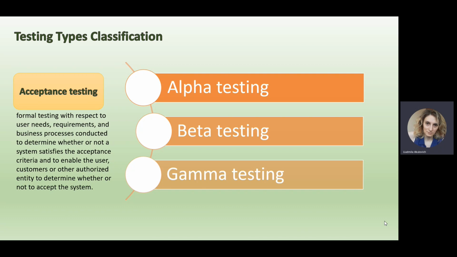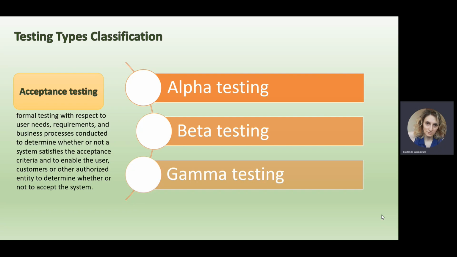Gamma testing for today is counted as out of date. It was performed when the application was absolutely ready for release, to the specified requirements, and these checks were performed directly, without going through all other activities at home, but by a number of final users.